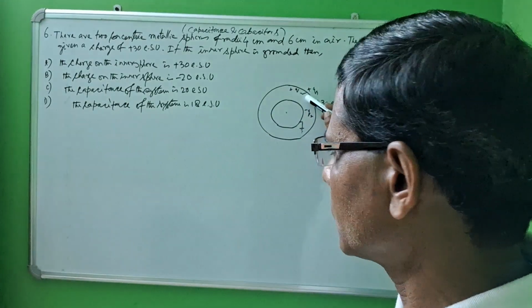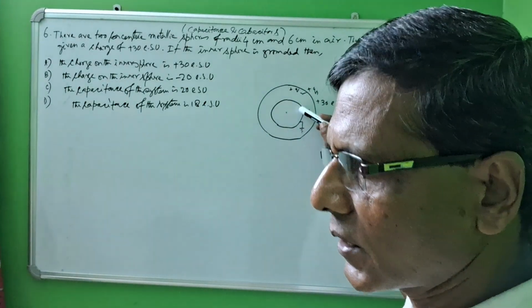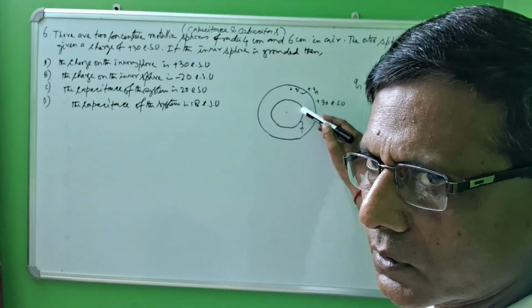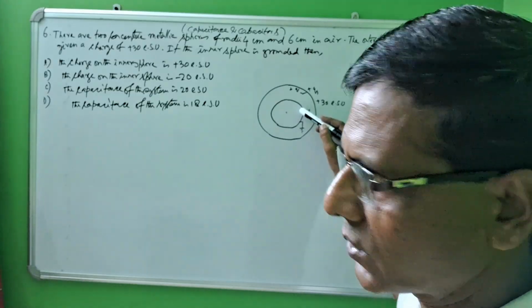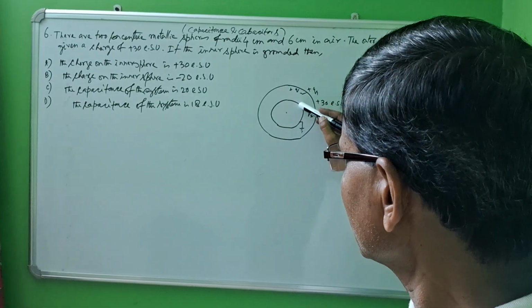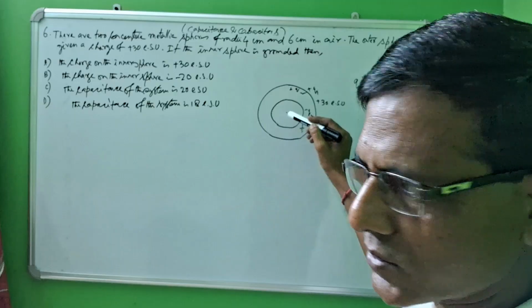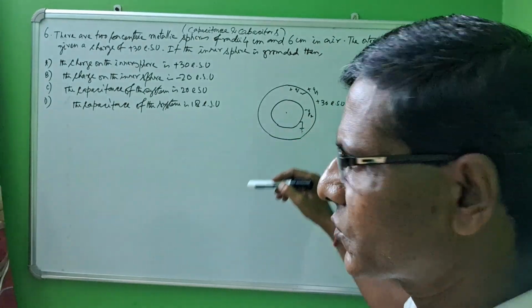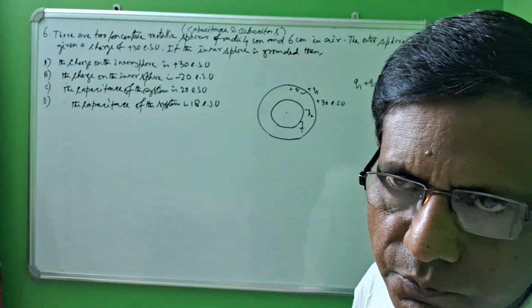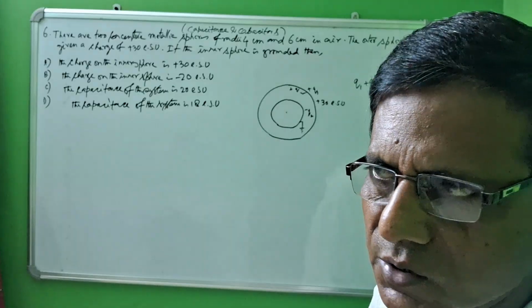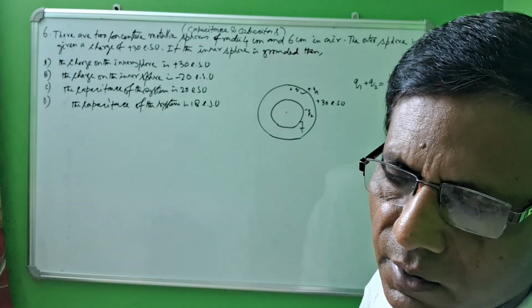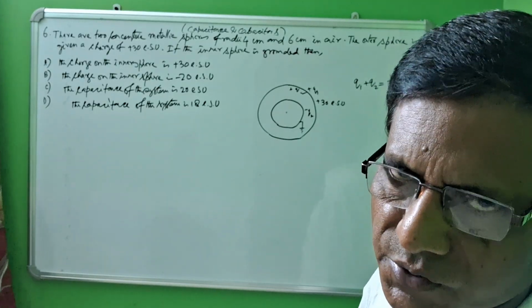Here is plus Q2 charge, here is another metallic plate which has no charge. So between this charge and this charge there is free space, and minus Q2 charge will be induced. This was obtained by our electrical induction process.